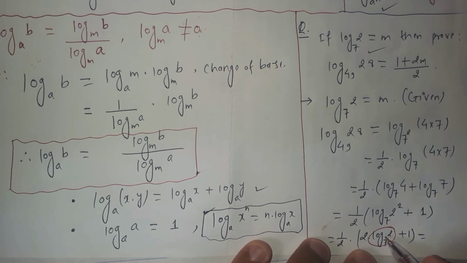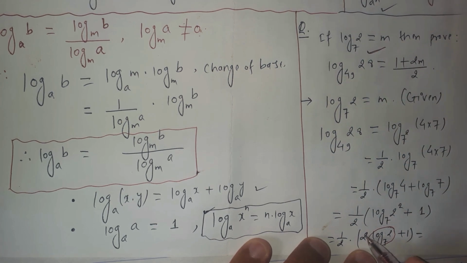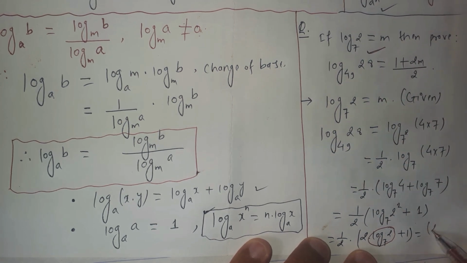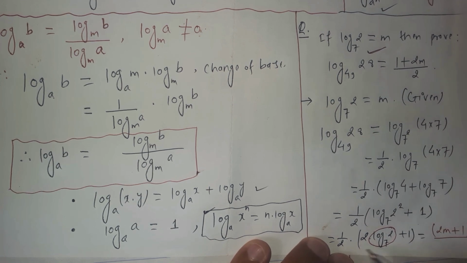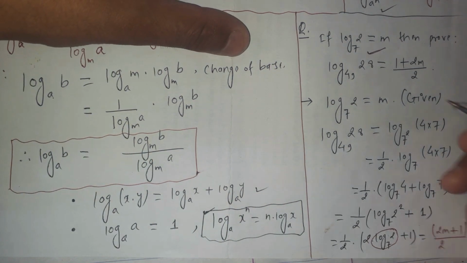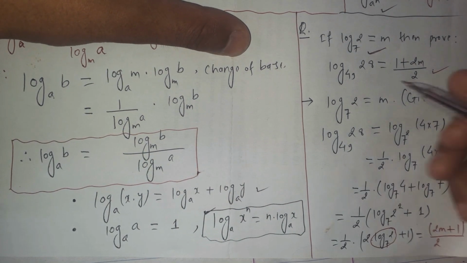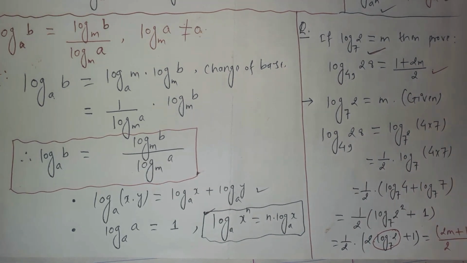This can be replaced by m because its value is given as m, and 2 times m is 2m, plus 1, over this 2. This is our required answer. Here we proved this question by using the properties of logarithm.